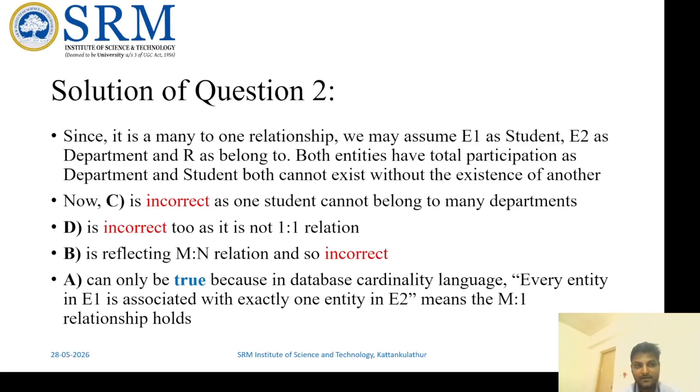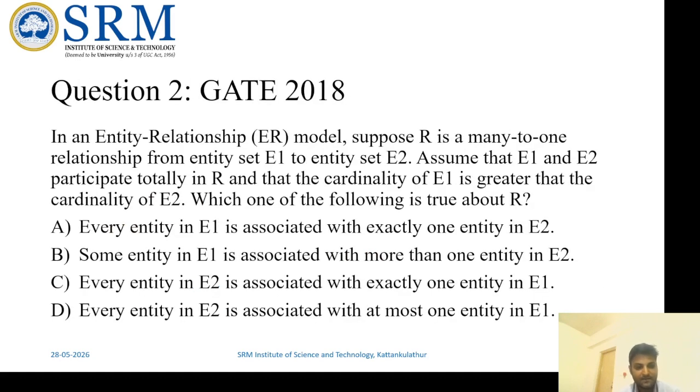Now the answer is like this. Since it is a many to one relationship, we may assume E1 as student, suppose, and E2 as department, R as belongs-to relation. Both entities have total participation, as department and student cannot exist without the existence of each other. Now, first I consider C. C is written as every entity in E2 is associated with exactly one entity in E1.